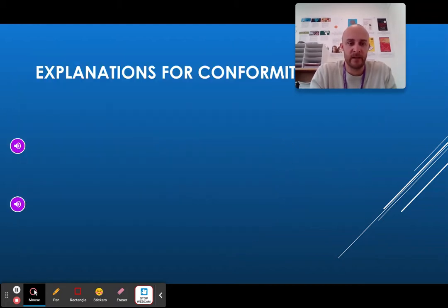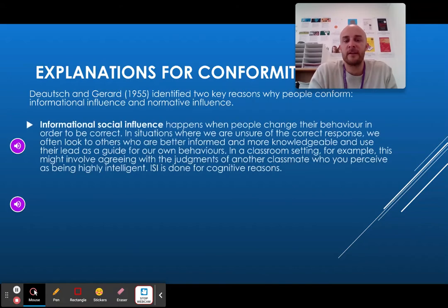So the two explanations are: the first one is informational social influence. Deutsch and Gerard in 55 came up with these. Informational social influence is when we change our behavior to be right about something.